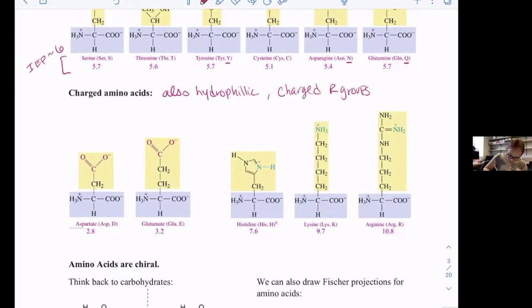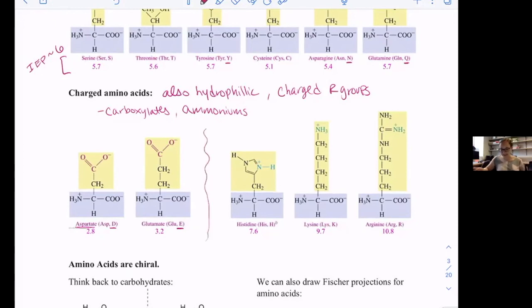So these will be things such as carboxylates and ammoniums. Okay, so looking at these, we have aspartate, which again has a weird letter that it is D. That has a carboxylate. We have glutamate, which is the same carboxylate, just one carbon chain longer. Those are the ones that are carboxylates. So maybe we'll draw a line in between these.